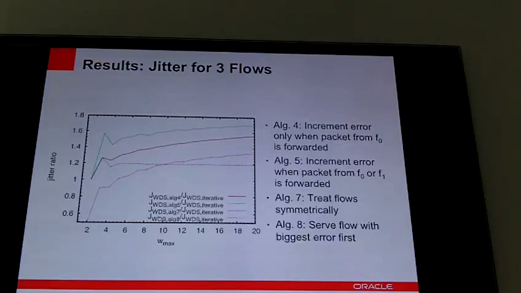Looking at these graphs, we can see that all non-iterative versions perform worse than the iterative versions, with the exception of algorithm 8, the purple graph, which has lower jitter than the iterative version for low weights. In all the other cases, we have larger jitters.